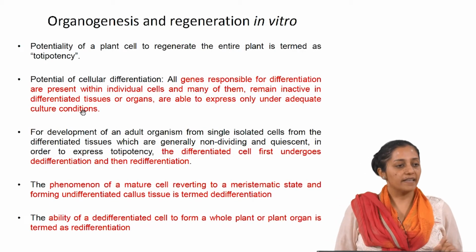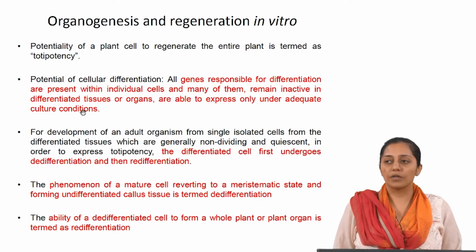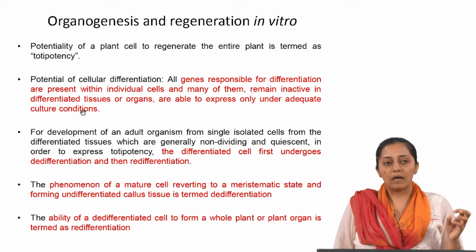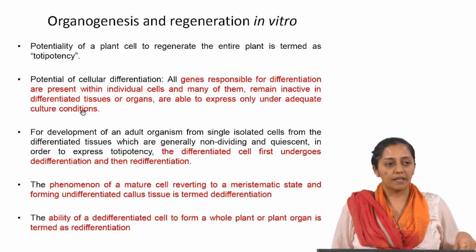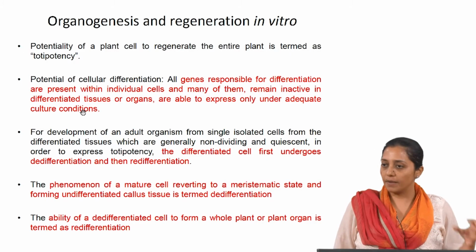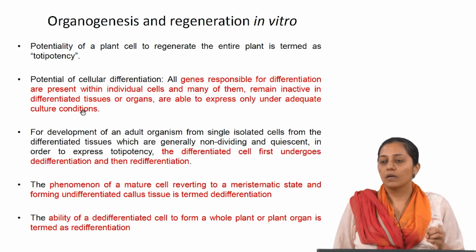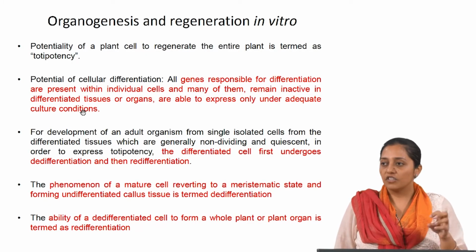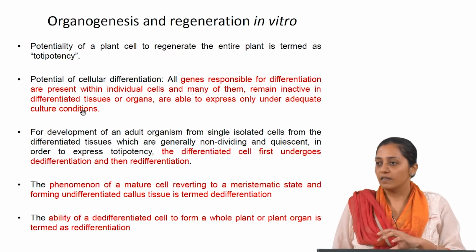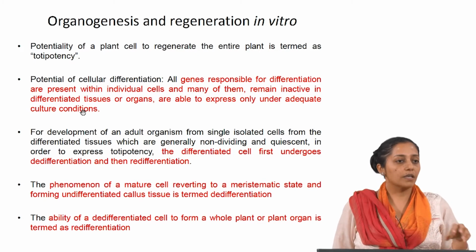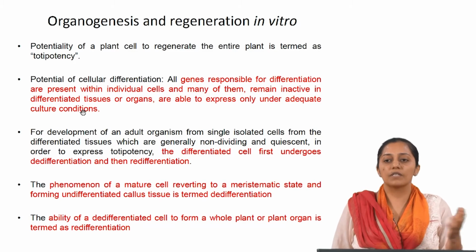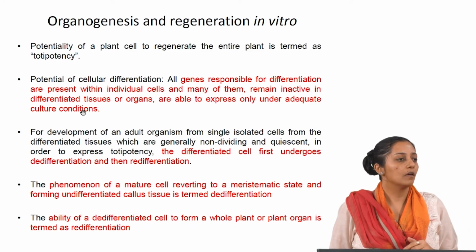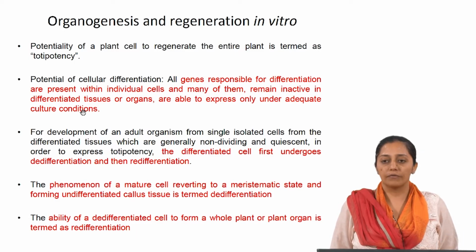As I said earlier, the cells being totipotent, all genes responsible for this process are present, but due to the environmental conditions or the stimuli present in vitro, some of these genes will get expressed for the reprogramming to happen and the cells to redifferentiate into some other forms of cells, thereby forming another type of tissue.